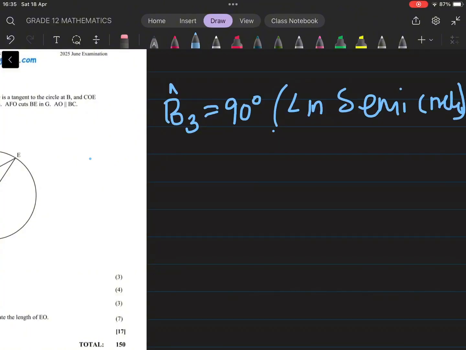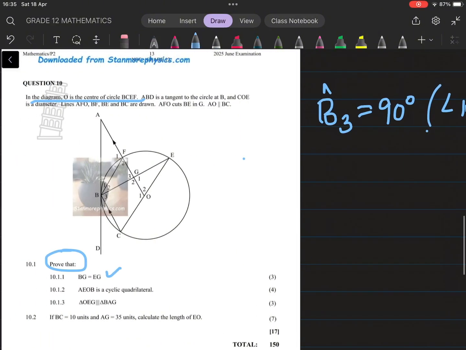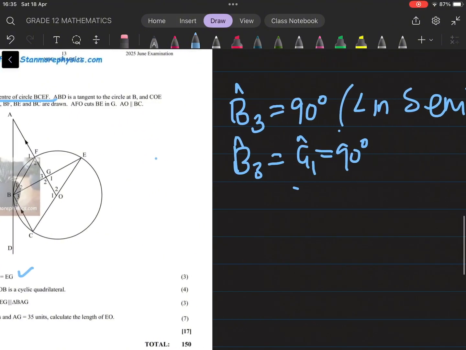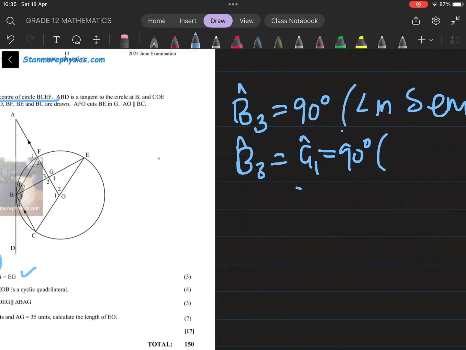Now, we know that angle in semicircle or angle subtended by diameter is 90 degrees. And B3 will be equal to angle G1. Reason being, corresponding angles are equal.